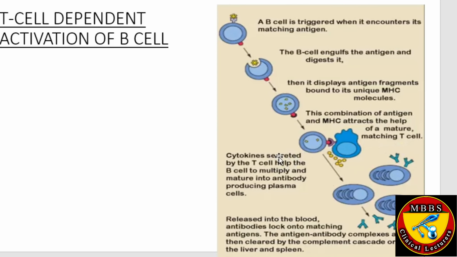The cytokines secreted by the T cell help the B cell to multiply and mature into antibody producing plasma cells. The antibodies released into the blood lock onto the matching antigen, and the antigen-antibody complexes are then cleared by the complement cascade or by the liver and the spleen. So this is T cell dependent activation of the B cell.